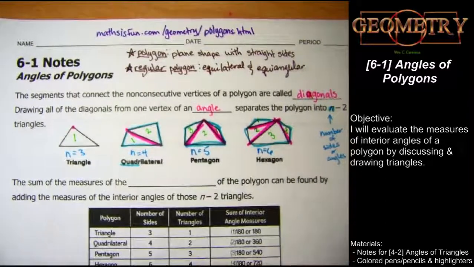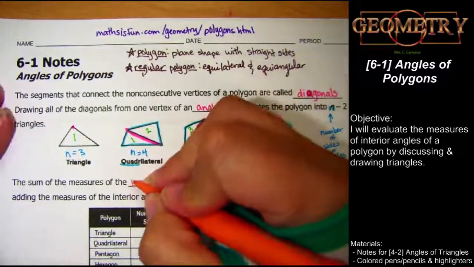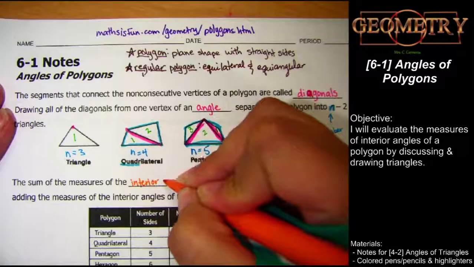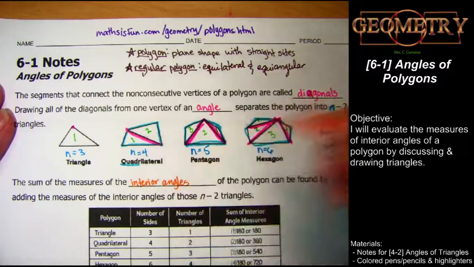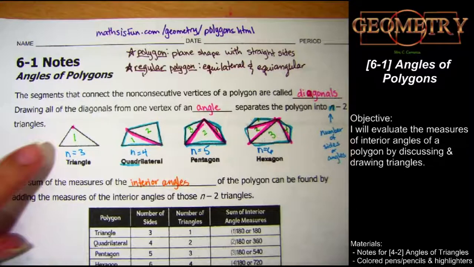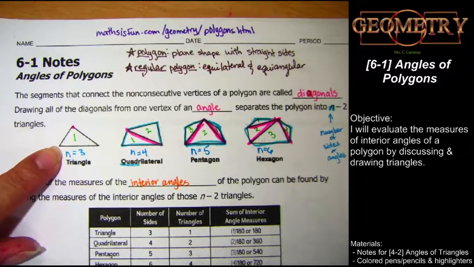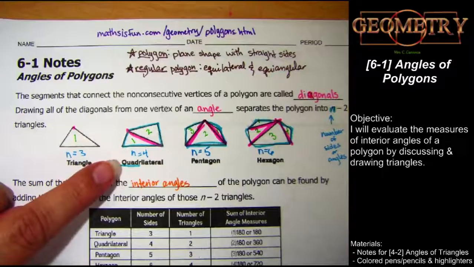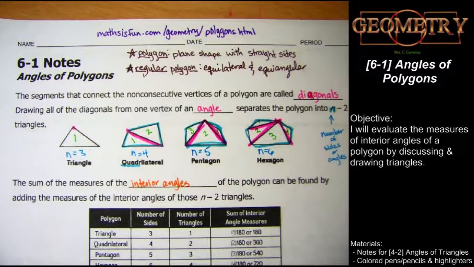This lets us find the sum of the measures of the interior angles of a polygon. And we do that by adding the measures of the interior angles of all of those triangles that we just cut. What's the interior angle sum for a triangle? 180. So in a triangle, I have 1 triangle, so I have 180. In a quadrilateral, I have 2 triangles, and so 180 times 2 is 360. Some people can do that in their head.